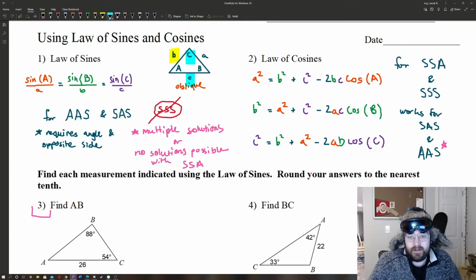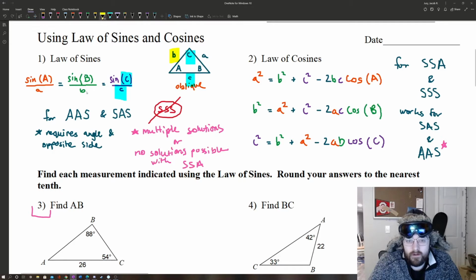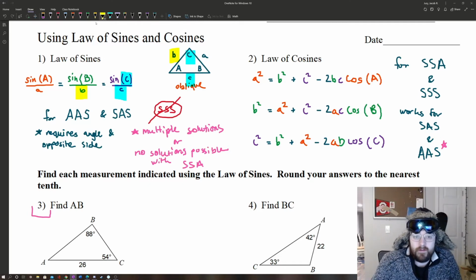So in that case, if we just look at the algebra that's happening here, we are just going to be isolating a variable, because we don't need to know what A is.